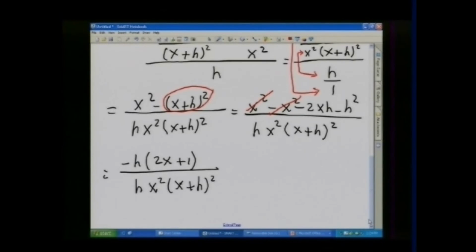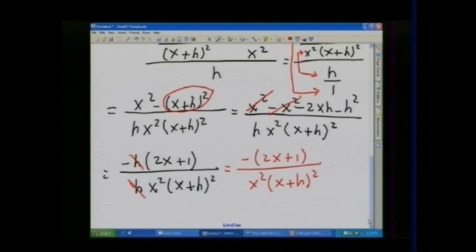Now you can see this h and this h can cancel. Therefore, you end up with minus 2x plus 1 divided by h squared times h plus h squared.